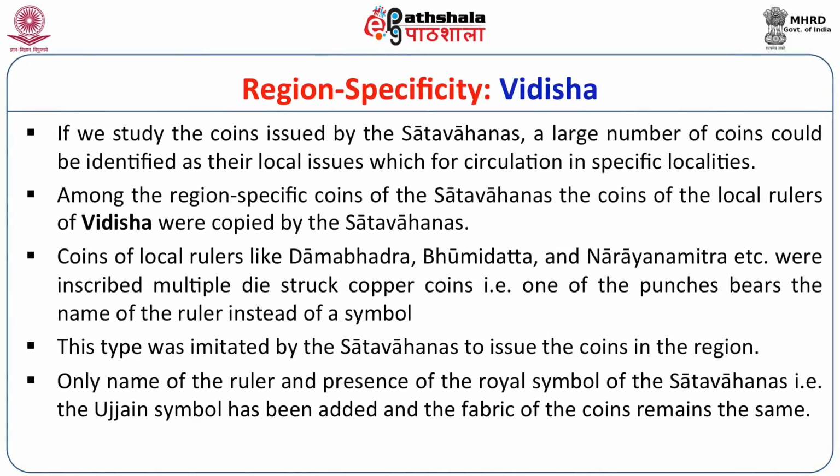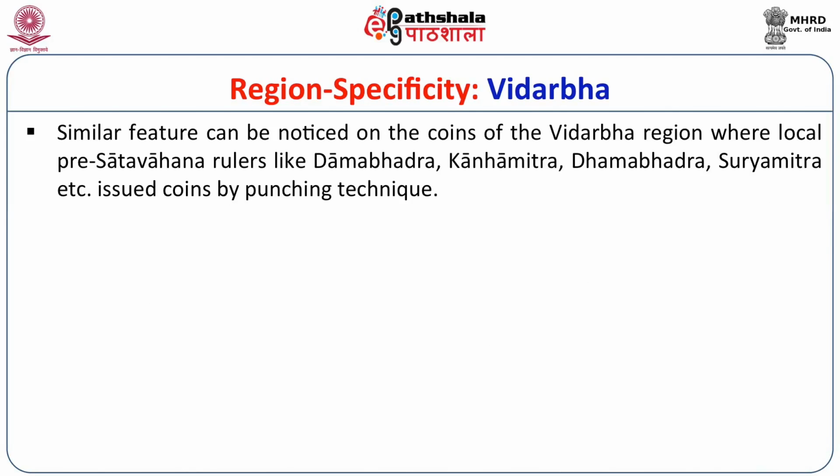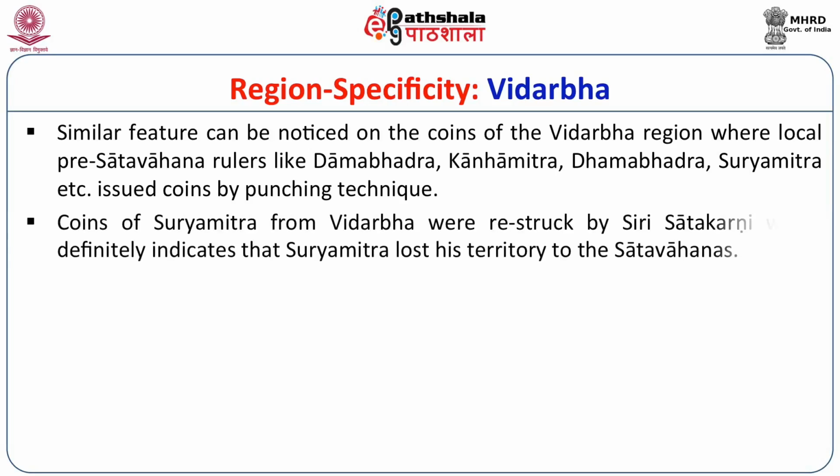This type was imitated by the Satavahanas at Vidisha, and a similar feature can be noticed on the coins of Vidarbha. Here we see local rulers like Damabhadra, Kanhamitra, Dharmabhadra and Suryamitra, who were issuing coins in the punching technique. Coins of Suryamitra from Vidarbha were restruck by Sri Satakarni.